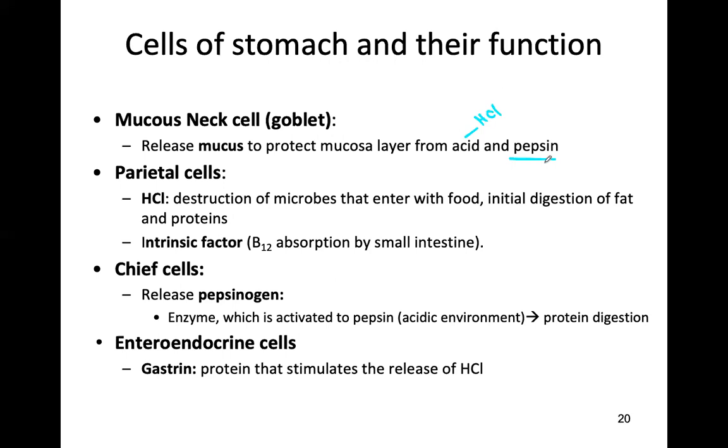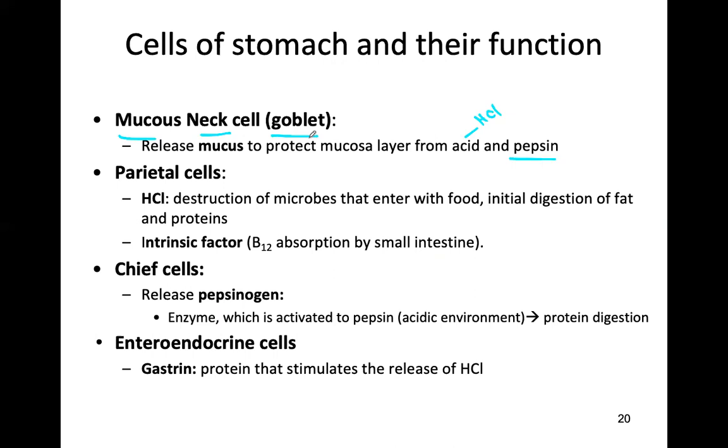So what's the way to prevent that from happening? You line the stomach with a very thick layer of mucus using cells called mucus neck cells or goblet cells. The inner wall of your stomach is literally covered with a thick lining of mucus created by the mucus neck cells, protecting your stomach from the acidic environment as well as the enzymatic digestion.